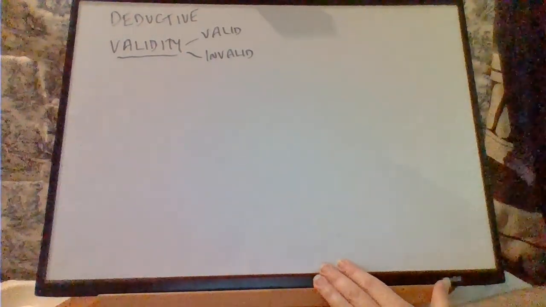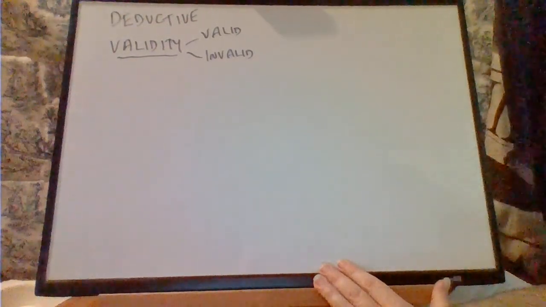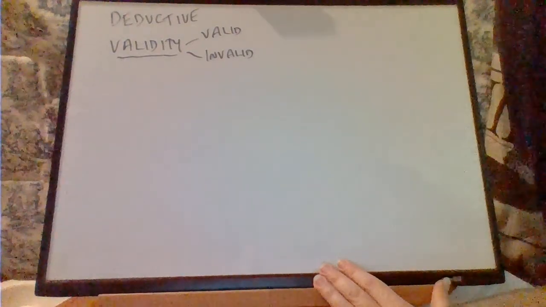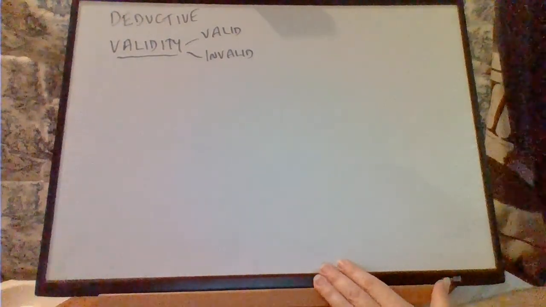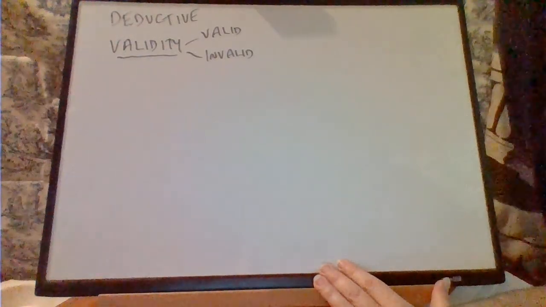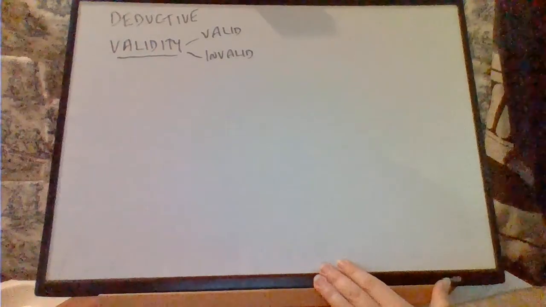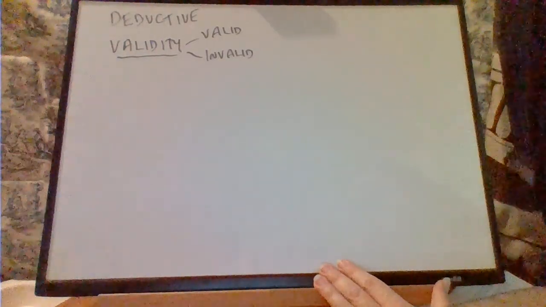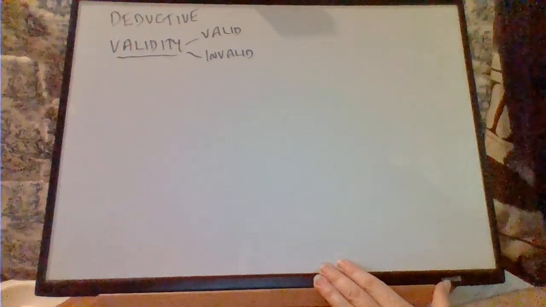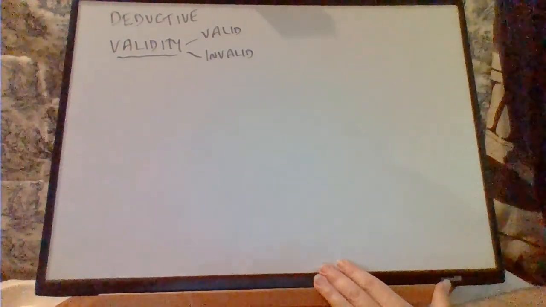Instead, no matter what it says, you always assume that the premises are true. And so you are asking yourself, just as we did a moment ago, if these premises are true, do they force me to accept the conclusion? If they do, then it's valid. If they don't, then it's invalid.